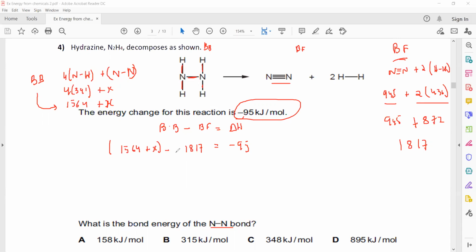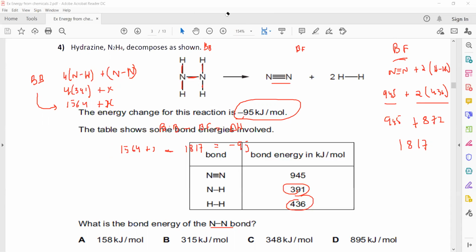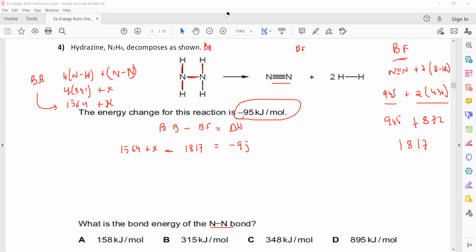Now it's a mathematical equation which you have to solve. So how will you solve this? This is minus 1817, so if it is minus, on the other side it will be plus. And this is plus 1564, so on the other side it will be minus. So X is equal to minus 95 plus 1817 minus 1564.